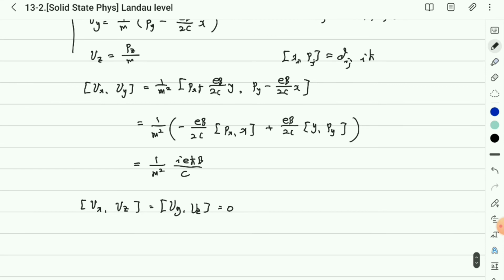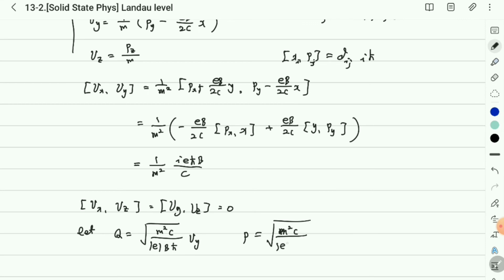Therefore, we can define the operator Q with the normalization factor m squared c over eB h bar times Vy, and P as m squared c over eB h bar times Vx.